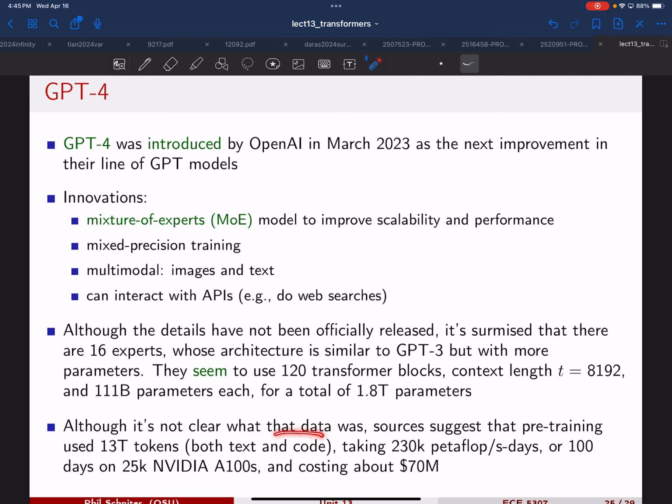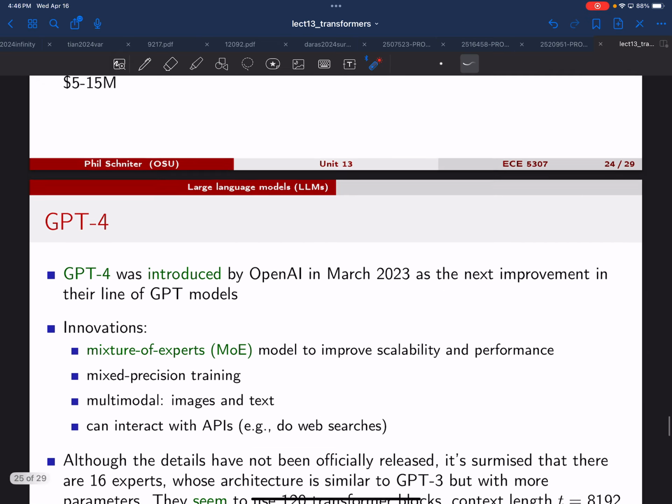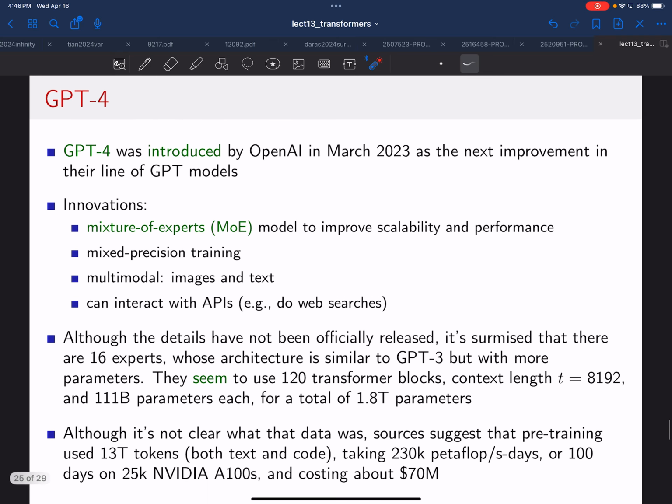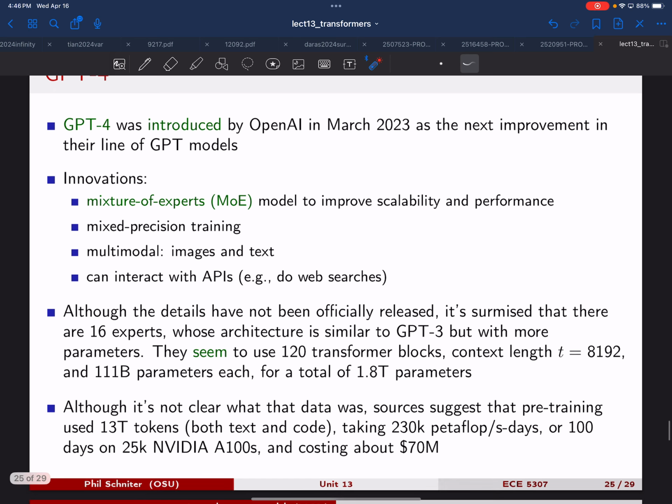Now they were using a lot of code as well, computer code. And now the training compute went from 3.6K up to 230K. And now we have a better GPU, the A100. At the time, that was the state of the art. And we have 25,000 of them, so 100 days and about $70 million.